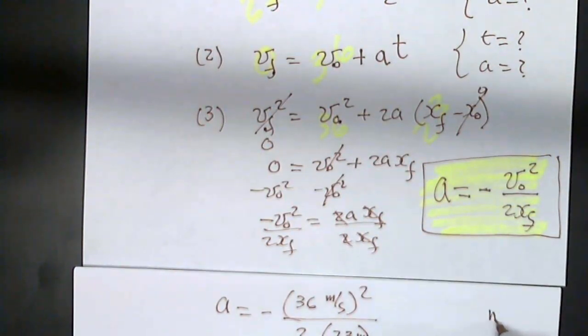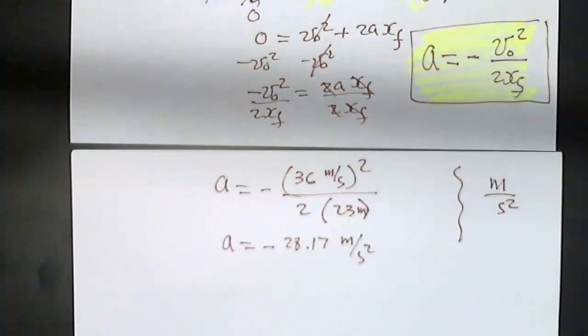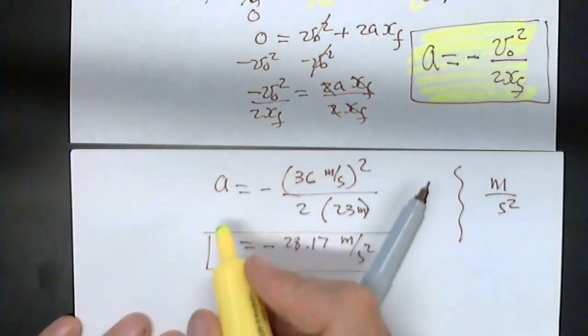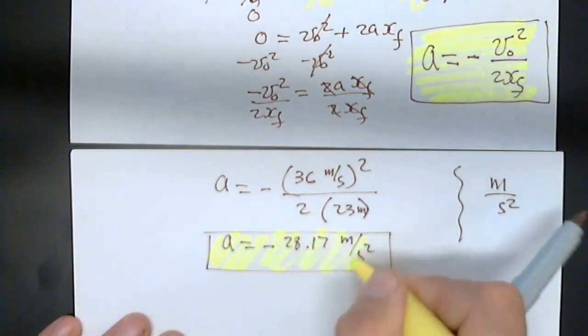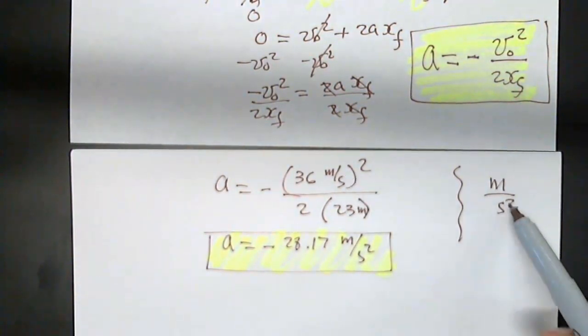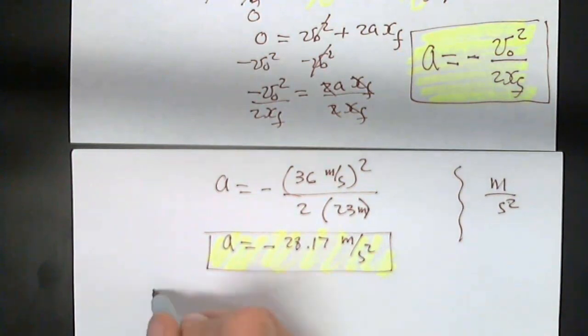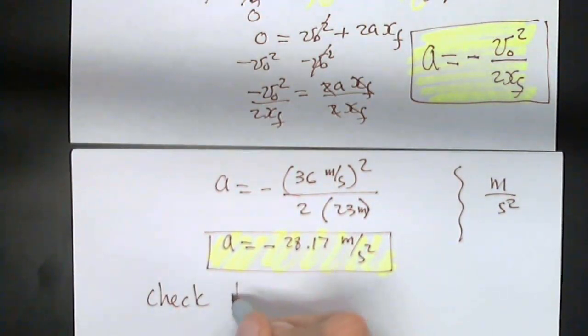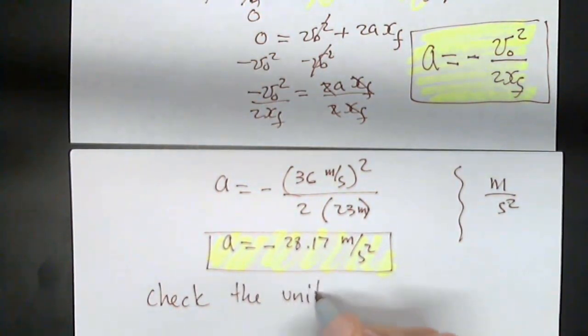You know that the unit of acceleration is meters per second squared, so that's what this is supposed to simplify to. So let's calculate the number. So I calculate the number and I get this. It's very important that you verify that the unit simplifies to meters per second squared, and let's check the units.